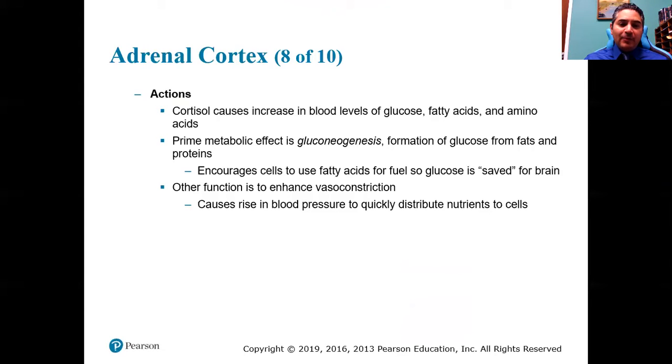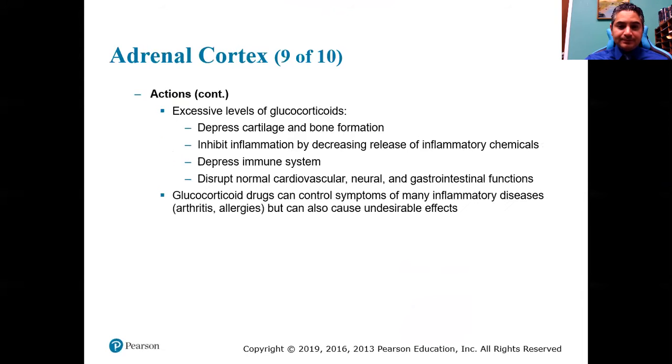So the primary metabolic effect is gluconeogenesis. So in this case, it is glucose genesis, making of glucose from fats and proteins. And through this process, it's encouraged to do this so the glucose can be saved for brain fuel, right? We've talked about how important it is for the brain to have glucose.